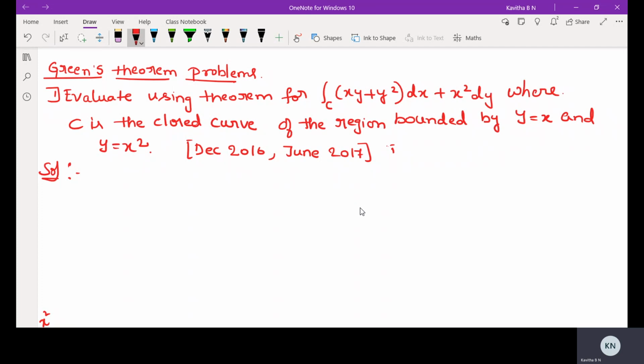This question appeared in December 2016 and also June 2017 in the VTU question paper. First, write down the Green's theorem statement.